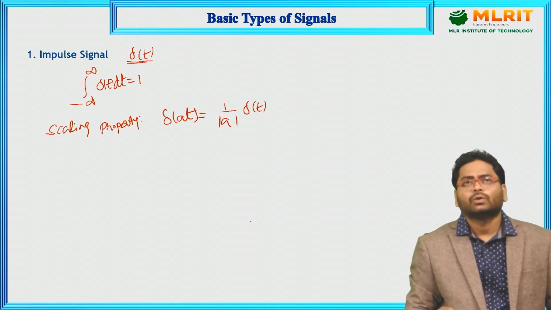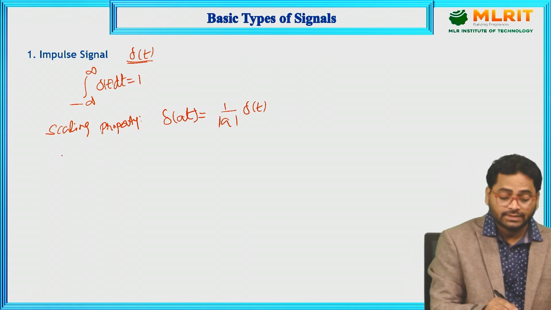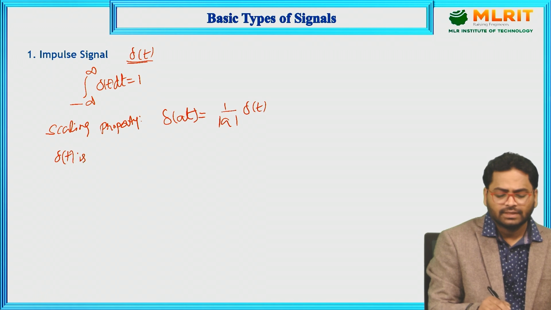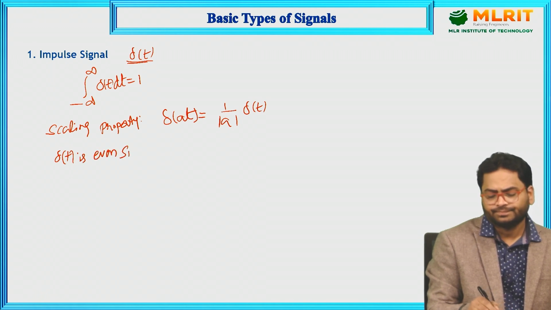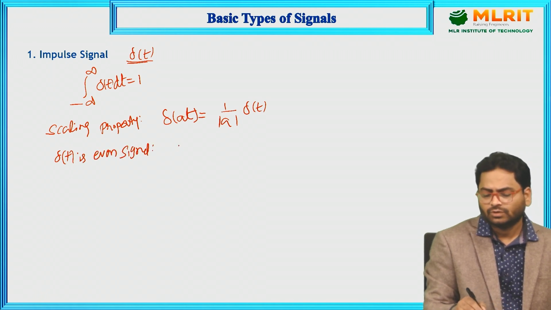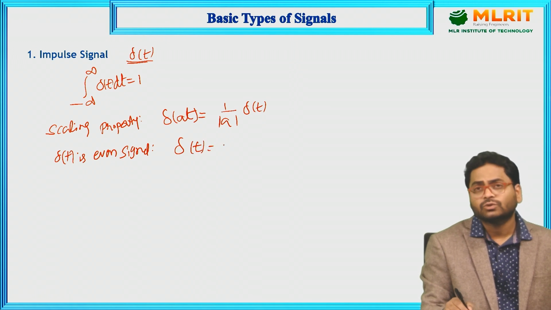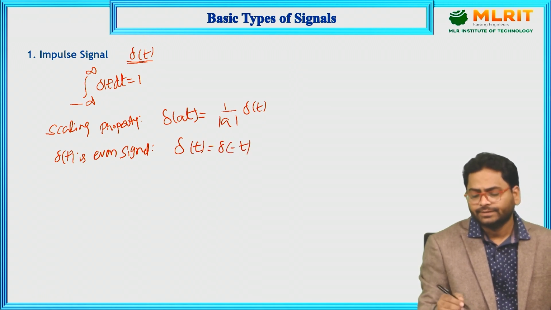The next one is the even property, which means del of t is an even signal: del of t is equal to del of minus t.